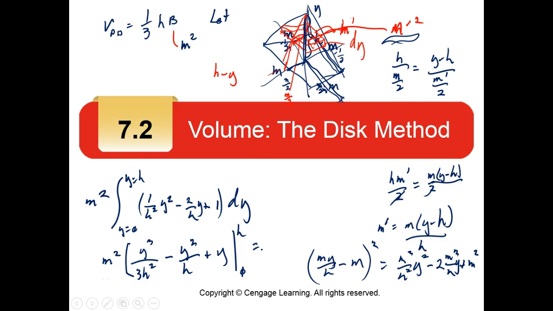And this is what we're plugging in for the y's, the h. I'll do the 0 part. Done. Okay? So we have an m squared. And by the way, m squared is b, isn't it? Right here.